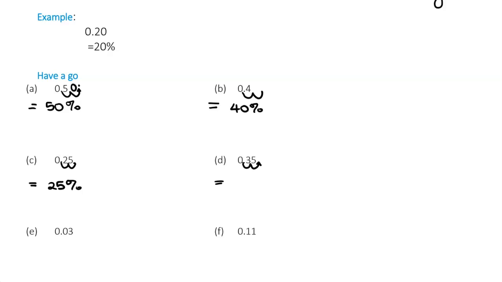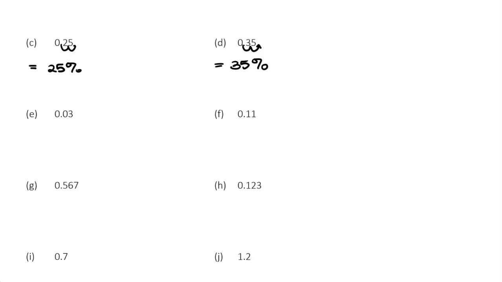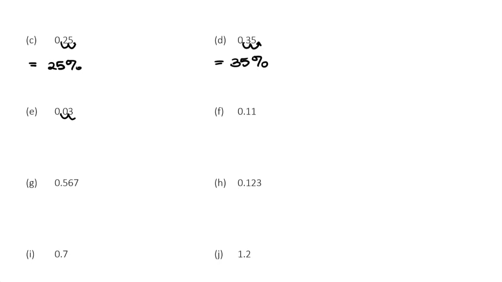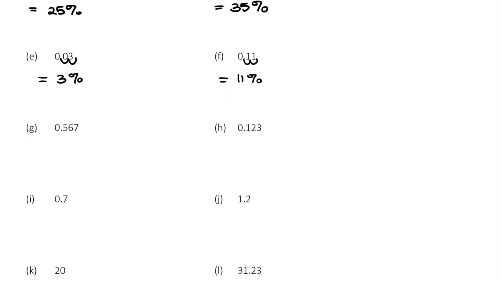So multiply by 100, that would be 35%. Be careful with your decimals, 1, 2. This one would just be 3%. And that makes sense because it's 300ths. 300ths, remember percent means over 100. Pop, pop, 11%. Okay, let's look at this one.